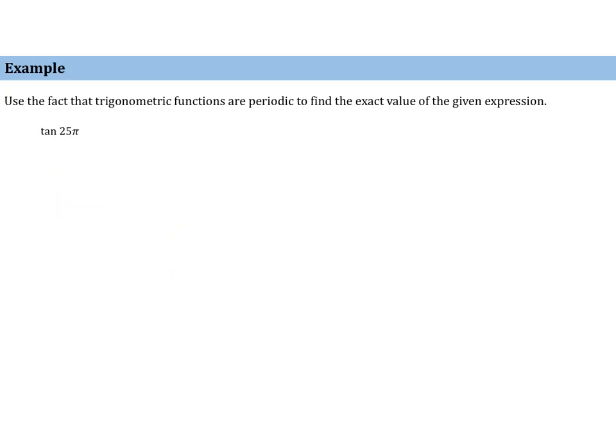Now let's look at the tangent of 25 pi. So remember here that the period for the tangent function is pi. So as we look at tangent of 25 pi, we know that 25 pi is 0 plus 25 times pi, our period.